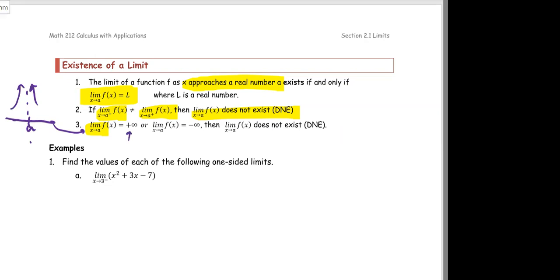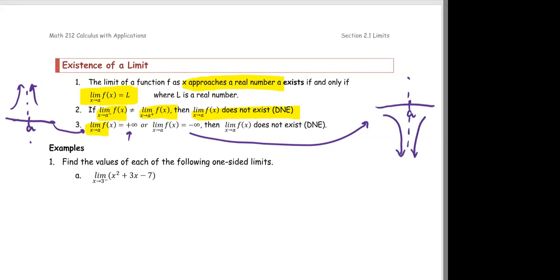And the other case is you have the point a and the graph approaching negative infinity on both sides of the line x equals a.